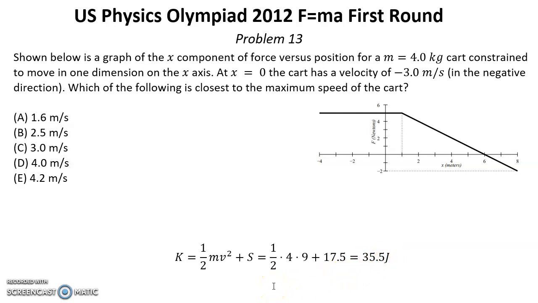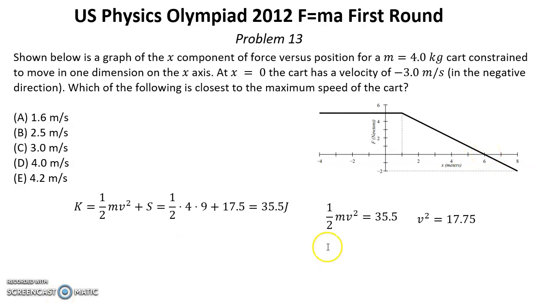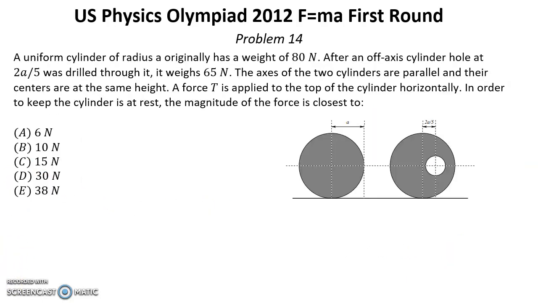And now we can find the speed at 0.6 meters. Total kinetic energy equals 35.5 joules. From here we can find V squared, that will be 17.75. And finally speed will be 4.2 meters per second, which is answer E.